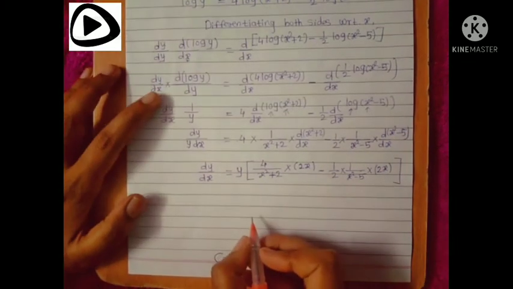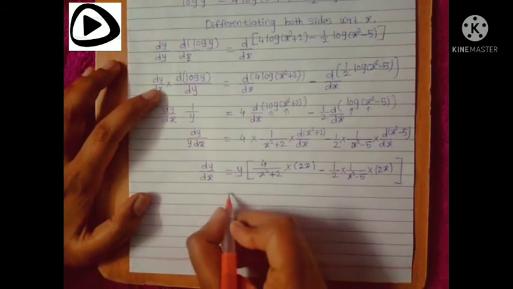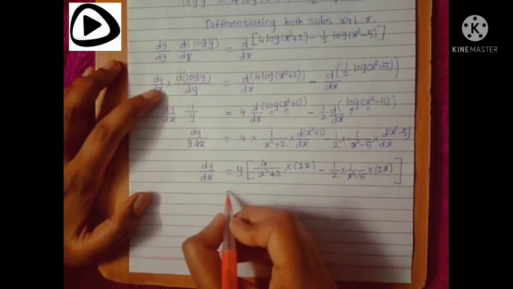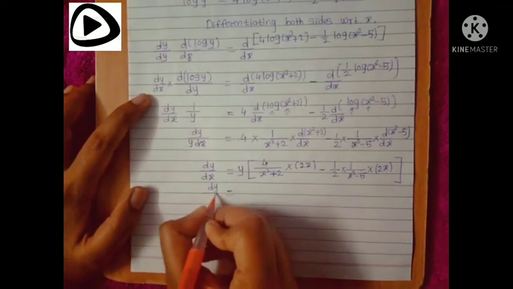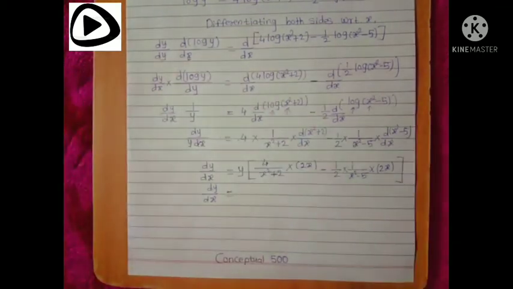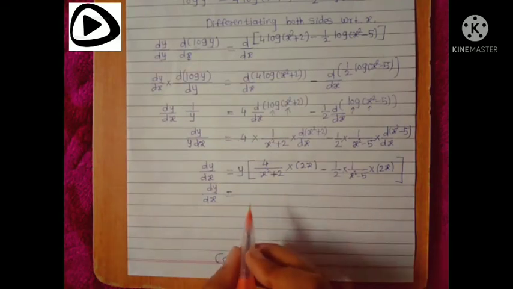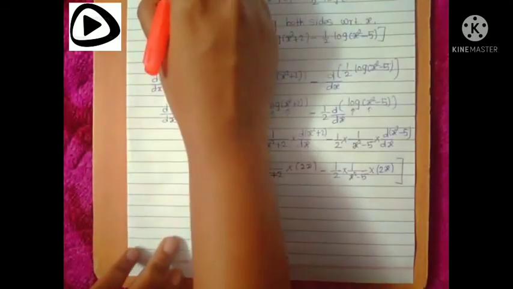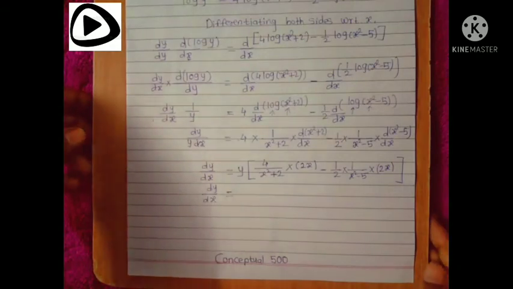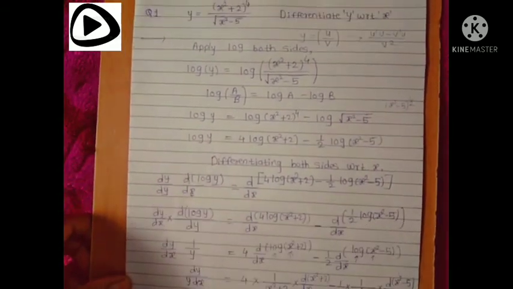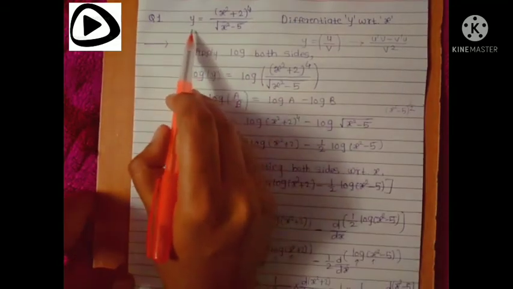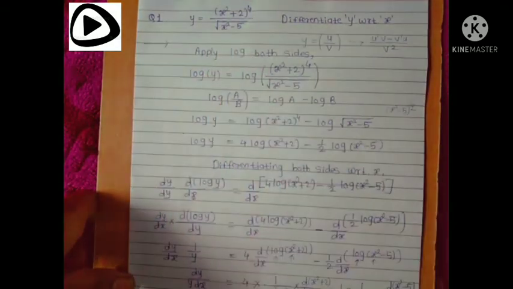After this we have to put the value of y, because we want dy by dx in terms of x, not in y. So we put the y value given in the question.